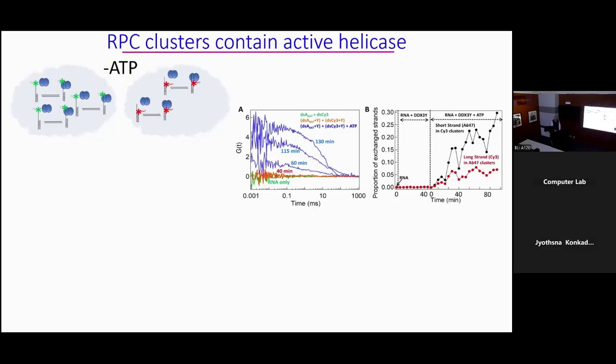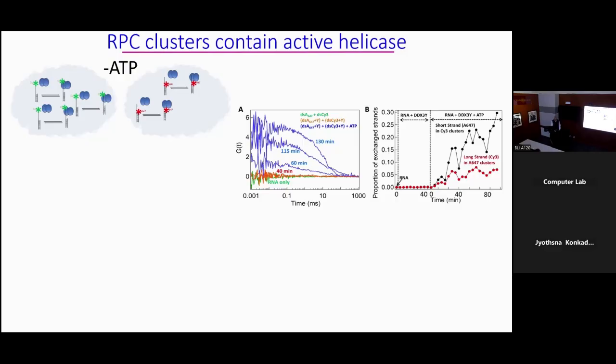We can make clusters by mixing a double-stranded component that has only one of the fluorophores, so these are green clusters. And then these are red clusters, which is the same RNA, but it only has the red fluorophore. Then we measure the autocorrelation and cross-correlation function, and there's no mixing. This is the cross-correlogram, the amplitude of it.